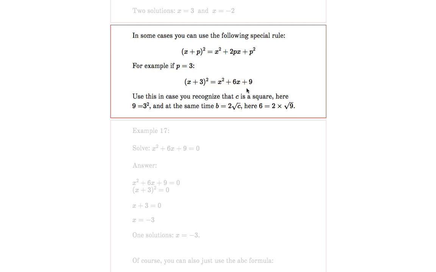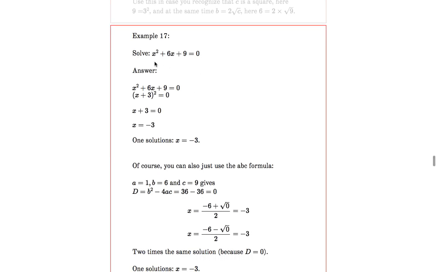So if you have this equation is 0, you can just use this one, but you have to recognize that this is the square of 3 and this 6 is 2 times 3, which is 2 times the square root of 9. If you recognize this, it is easier for solving quadratic equations.